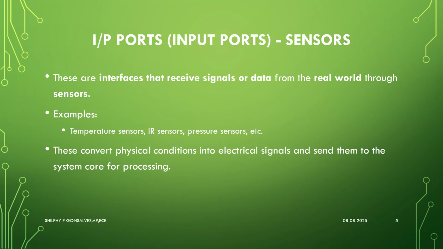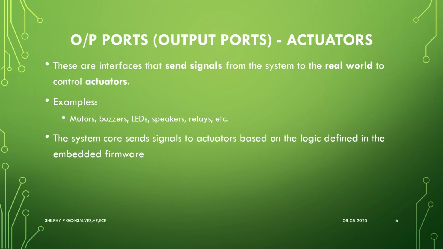Then come the I/O ports. Coming to the first one, the input port. These are the interfaces which receive data or signals from the real world through sensors. What are the various sensors we use here? It can be any of the sensors such as temperature sensors, IR or pressure sensors, whatever it is, which converts a physical condition into electrical signals and sends them to the system core for processing. Considering the output ports, basically the output ports we use are for actuators.